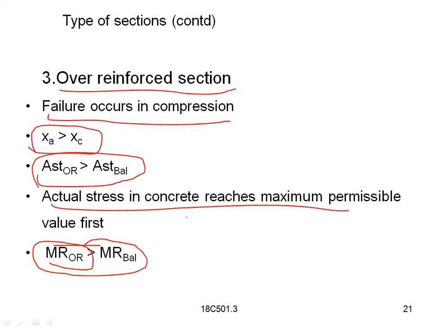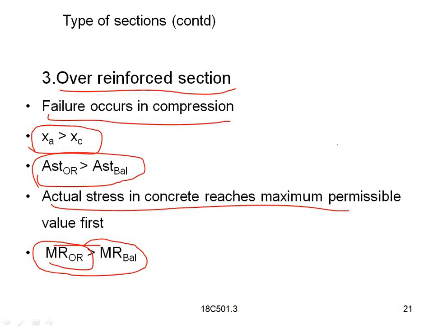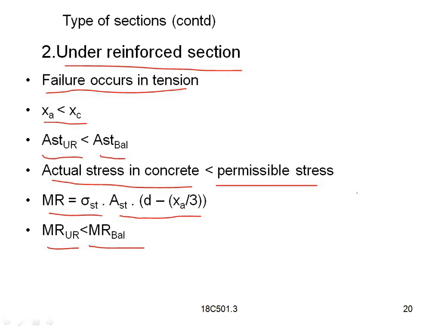So that means we have three types of sections: balanced, under reinforced and over reinforced. These are the sections used in the design of RCC structures, mainly by the working stress method. These formulas are very important, and moment of resistance will come up in upcoming topics.